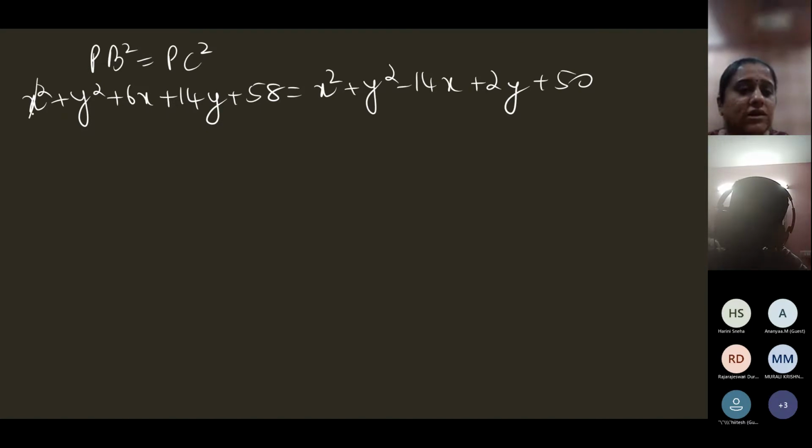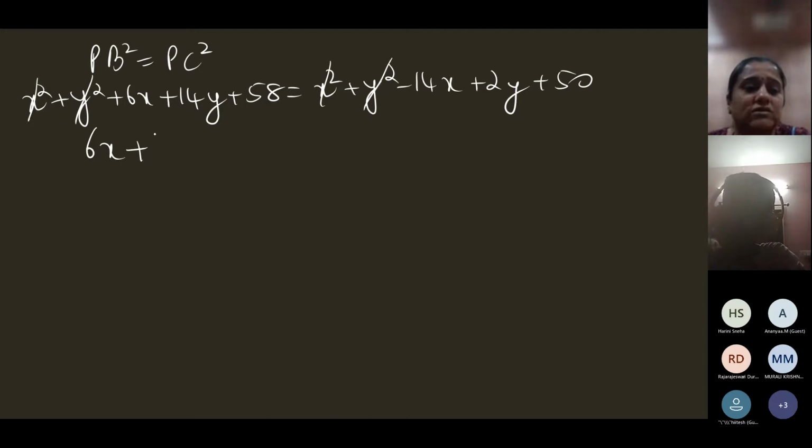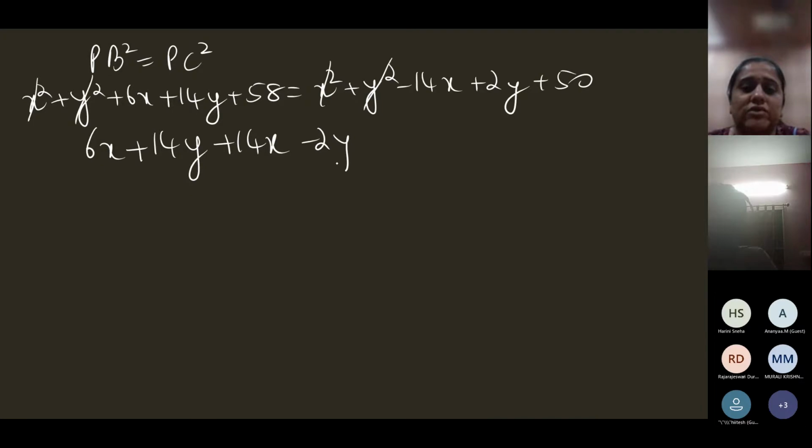Again, x square, y square on either side get cancelled. So PB square is equal to PC square. Now bring the x and y terms to one side, and the numbers to the other side.